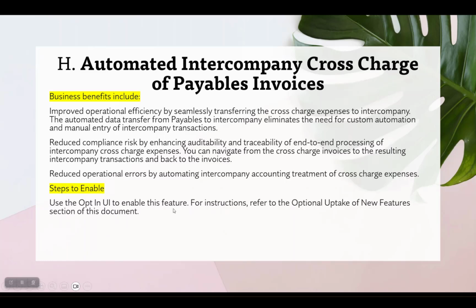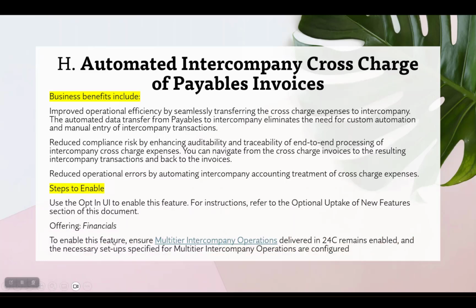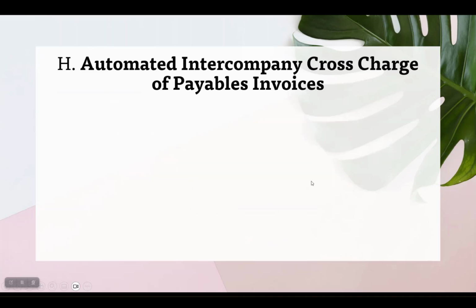Steps to enable: there is also an opt-in for the offering in Financials, and to enable these features, multi-tier intercompany operations, which is delivered in 24C, must be enabled. Necessary steps if these multi-tier intercompany operations must be configured.